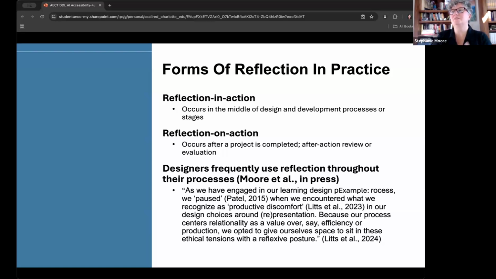This is a team that says, as we engage in our learning design, we paused when we encountered what we recognized as productive discomfort in our design choices around representation, because our process centers relationality as a value over, say, efficiency or production. We opted to give ourselves space to sit in these ethical tensions with a reflective posture. So this whole act of being a reflective or deliberative designer is really a common and key feature to professional ID practice.